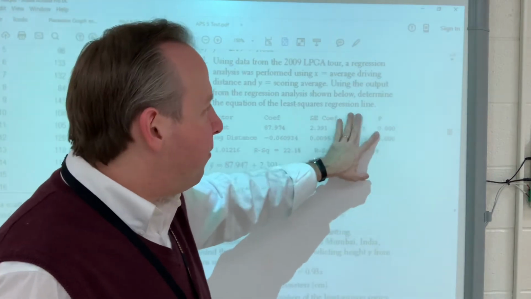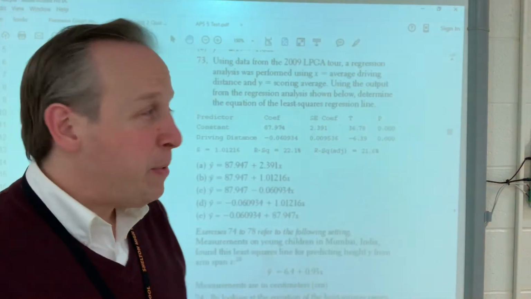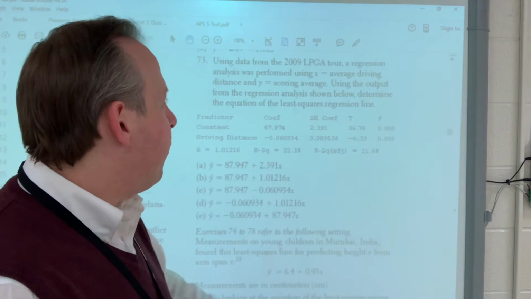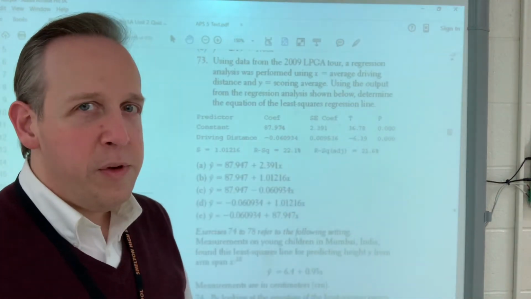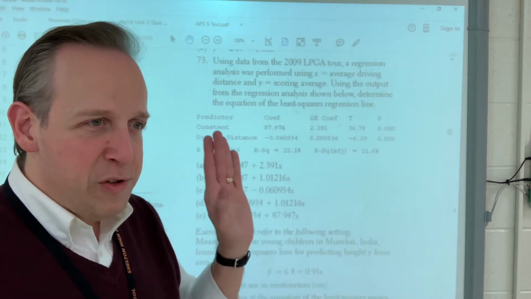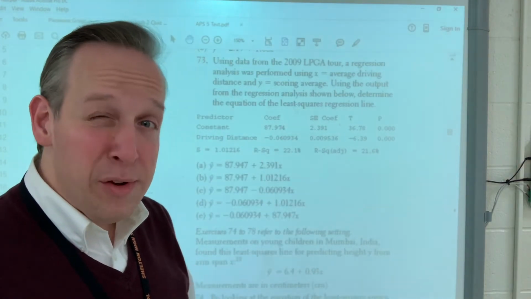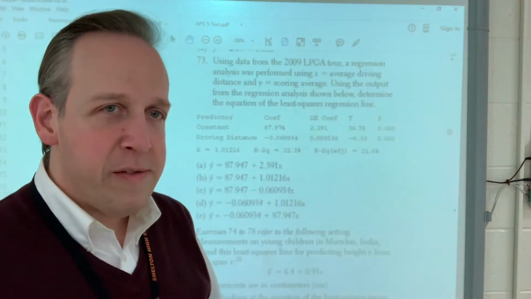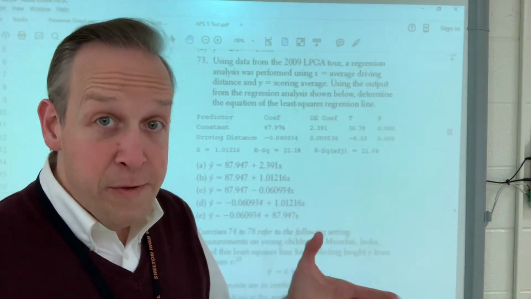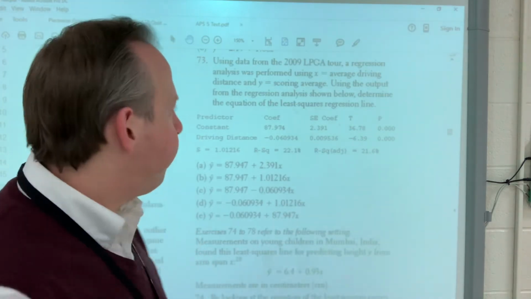T and P, for right now, don't really have any special meaning to you. For what it's worth, the T score has to do with another distribution we're going to handle in, I think, chapter 7. And the P is the P value, or probability of a value having been found. Again, for this problem, not a concern.